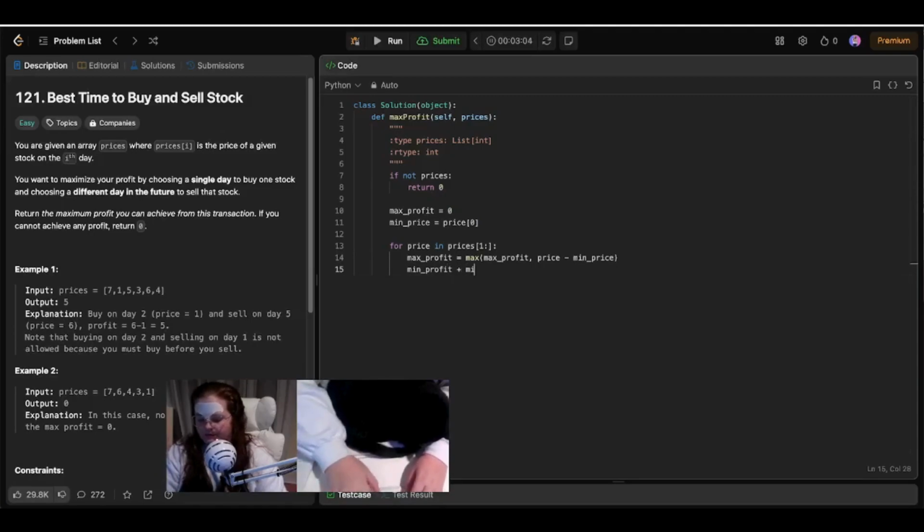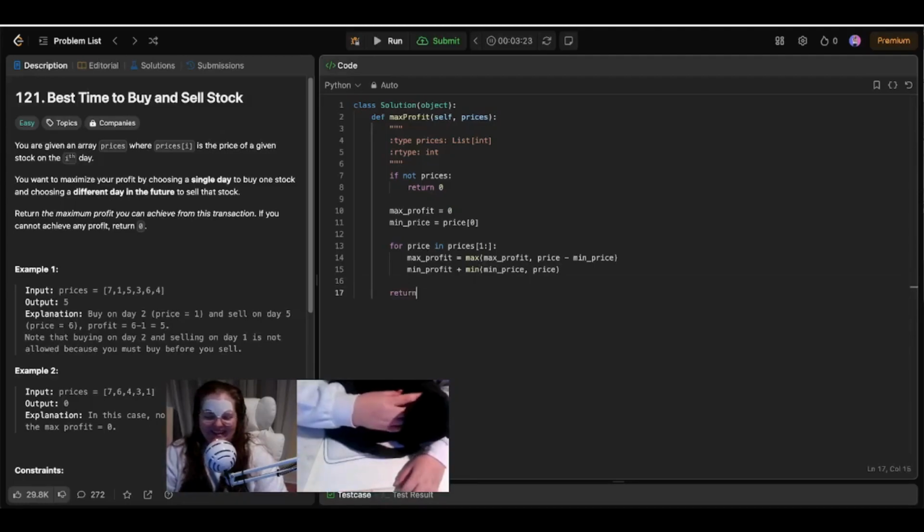We can then say the minimum of the minimum price and price. So then we just return max profit. Okay. So we're checking to see what different day in the future we can sell this stock. I feel like this makes sense.